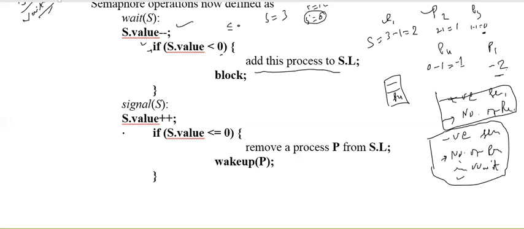Now suppose after certain time, one process has released its resource. So s dot value got plus plus. Once that process has released, irrespective of which one, suppose P2 has released it. The actual value of semaphore was minus 2, so it becomes minus 1.